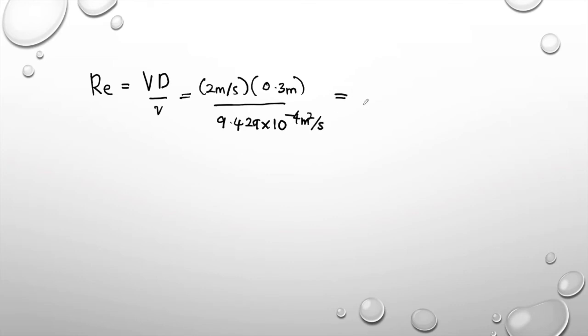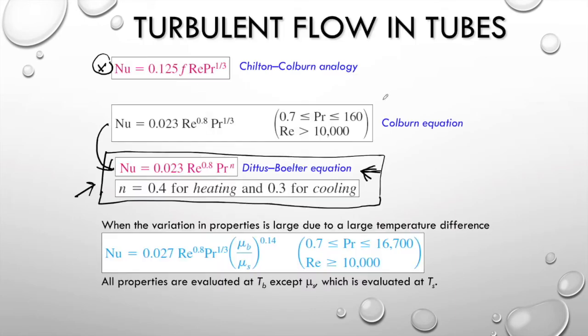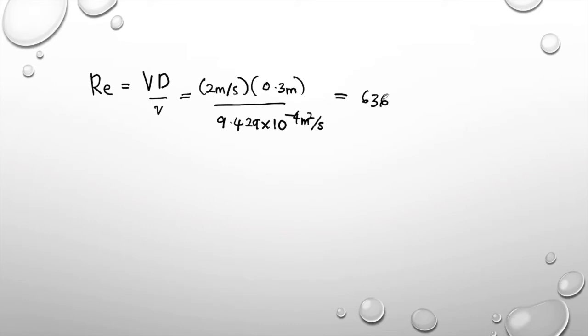So you will get 636. Your Reynolds number is 636. Now compare this Reynolds number: if below 2300, this is laminar.